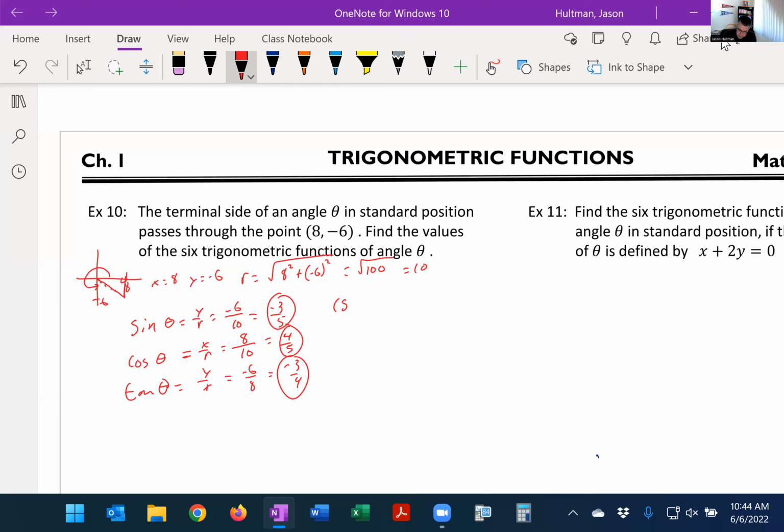Cosecant of theta is just the reciprocal of sine, and so that's going to be -3/5 flipped upside down, which is going to be -5/3. Secant of theta is the reciprocal of cosine, which is just going to be 5/4. And the cotangent of theta is equal to the reciprocal of tangent, which is -4/3.